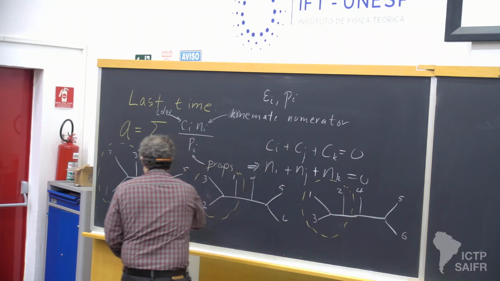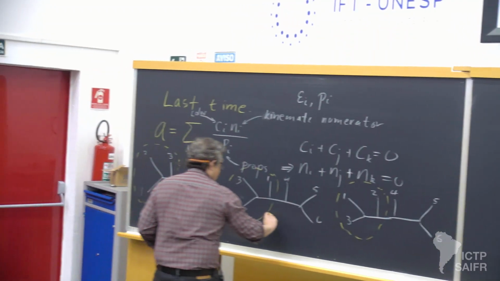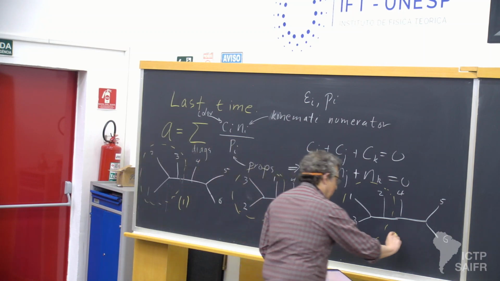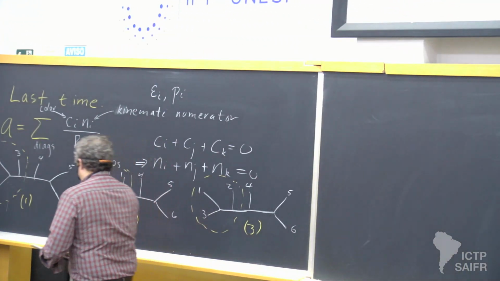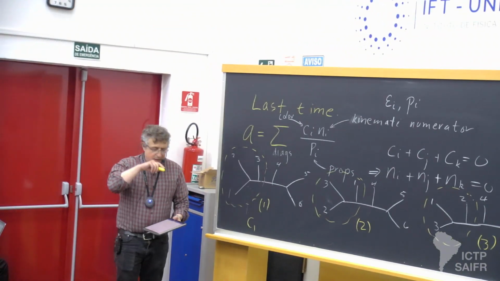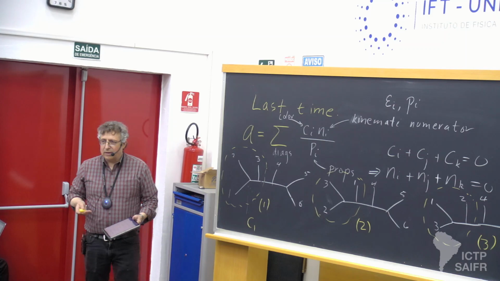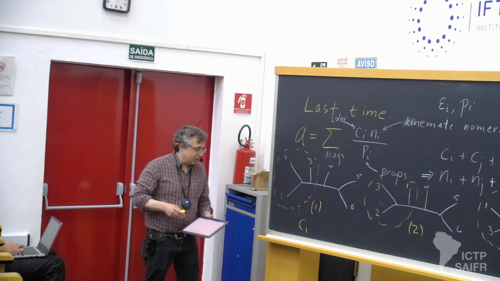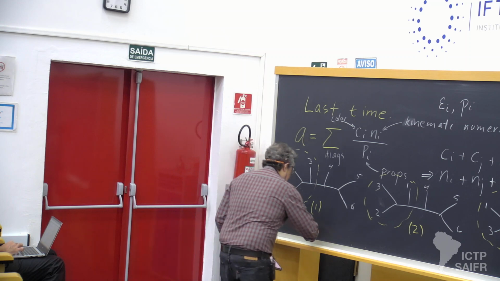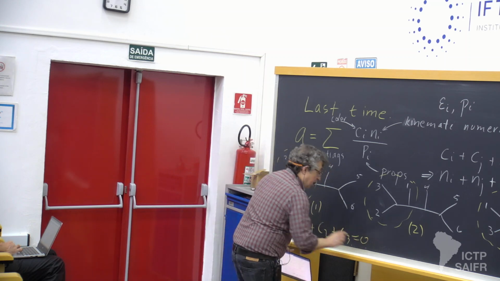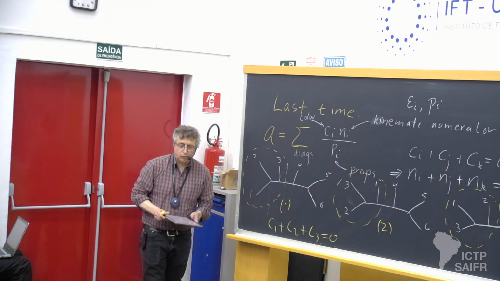And if we call this diagram 1, this one diagram 2, and this one diagram 3, then we have, just from the color algebra, the fact there's an underlying Lie algebra, an identity that says C1 plus C2 plus C3 equals 0. So far, nothing profound.